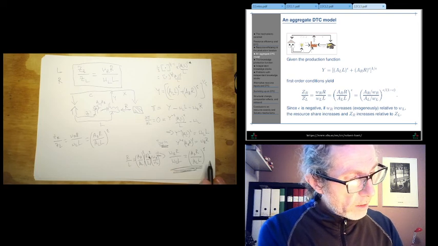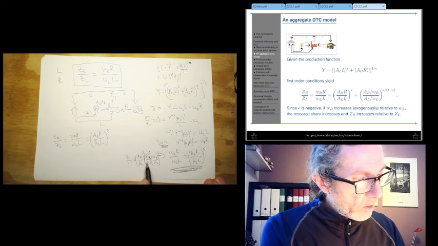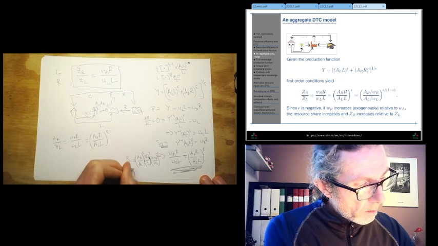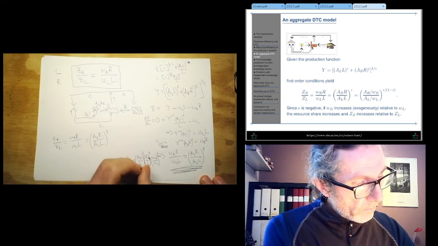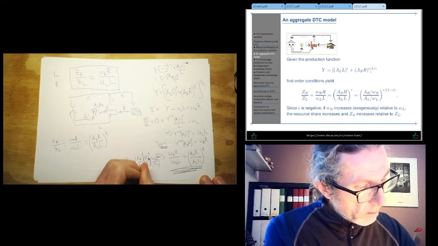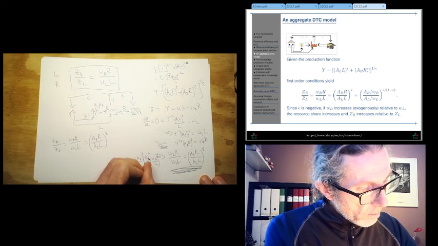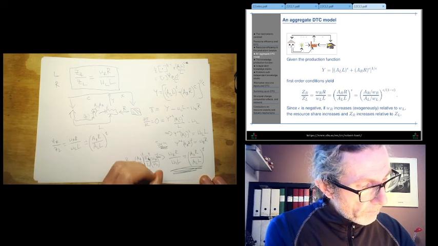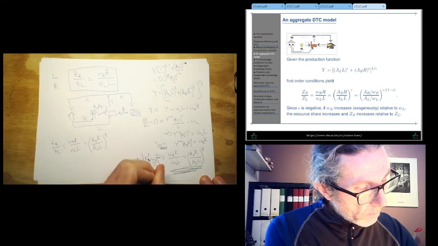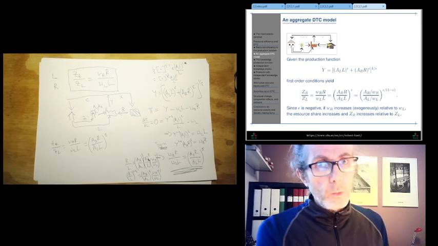Okay, we've shifted that across. Now we shift this across, and we have R over L to the 1 minus epsilon is AR over AL to the epsilon, WR over WL to the minus 1.